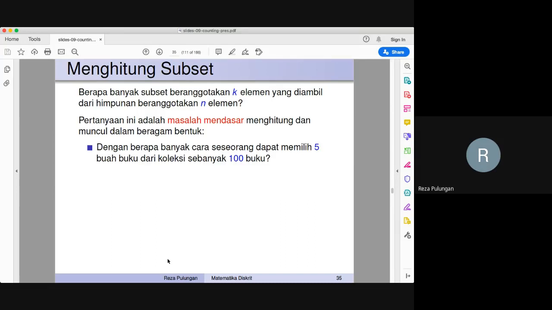For example, how many ways are there for someone to select 5 books from 100 books? So what does it mean? Assume that in my home, I have a collection of 100 books, and I want to go on vacation and I want to select 5 out of these 100 books.